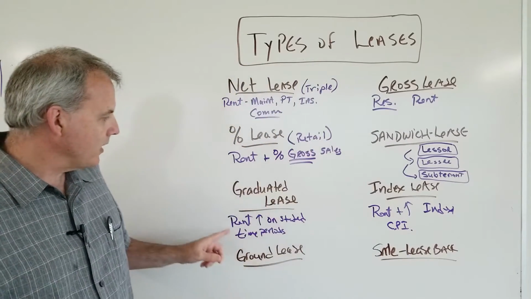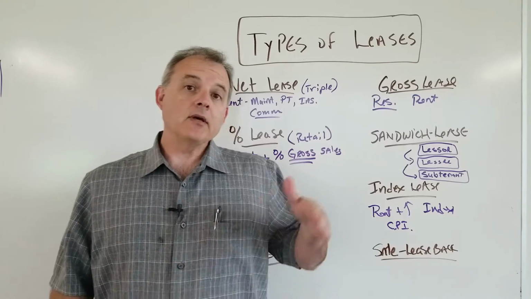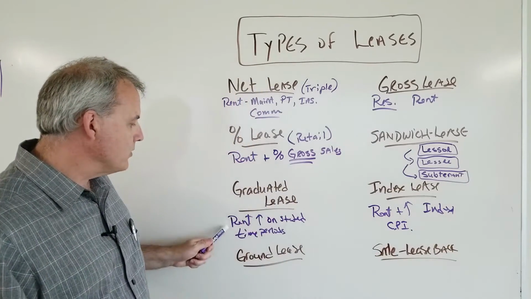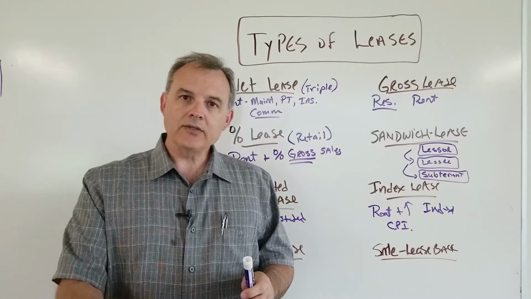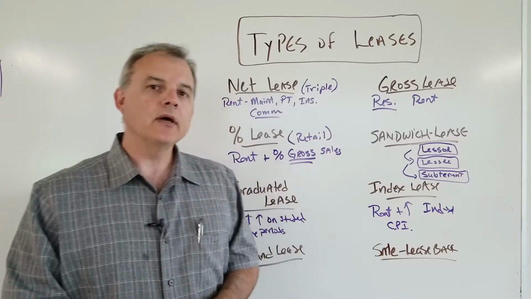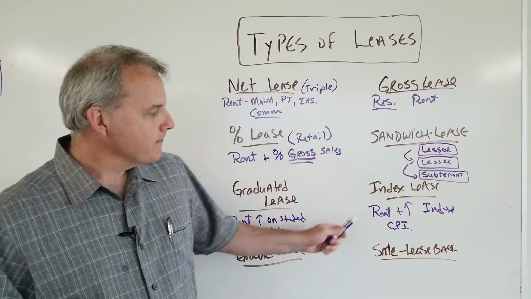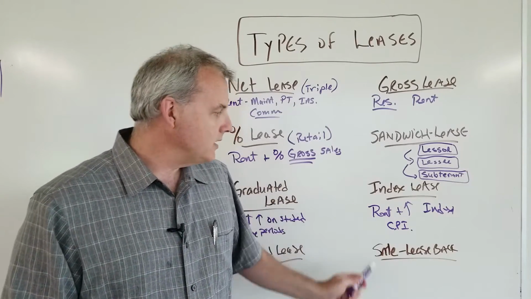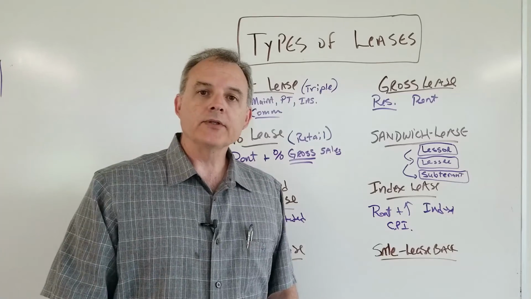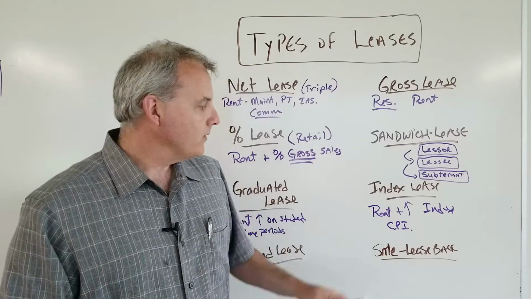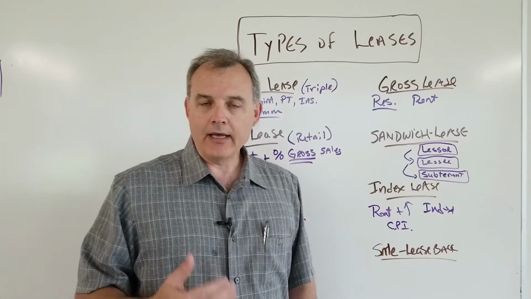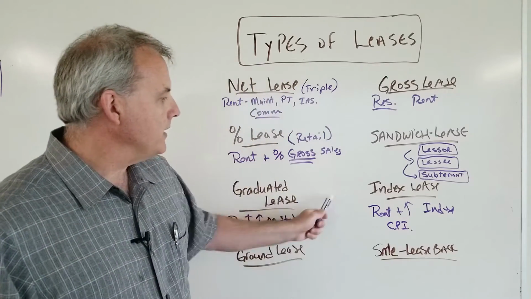And so just like the graduated lease, maybe it's on the 1-year anniversaries that the rents go up, but unlike the graduated lease, where it is a stated specific amount of money that the increase is going to be, the increase is based on that index. So if the CPI goes up 1%, then that's going to be what the rent increase is going to be on that annual anniversary. All right, so it's a little bit different.